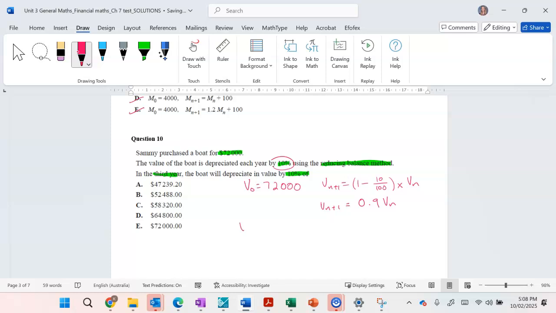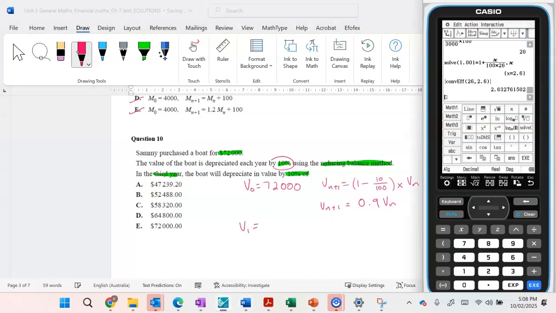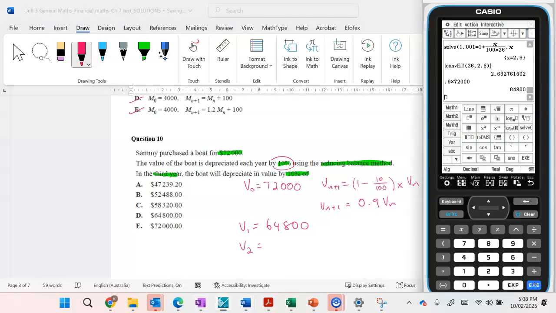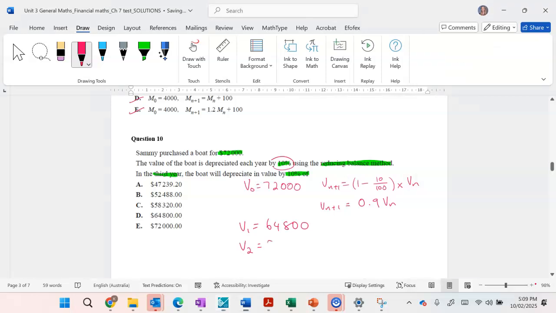All right, so V1, we just do 0.9 times our previous value, which is 72,000. So we get 64,800. We want the third year. So that's our first year, this is our second year. So we'll do that again, times 0.9, 58,320.